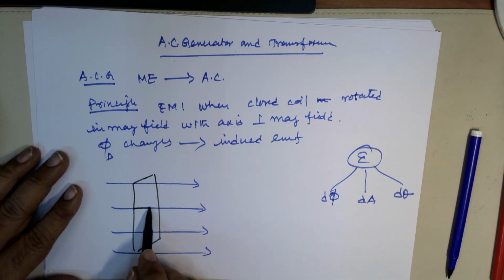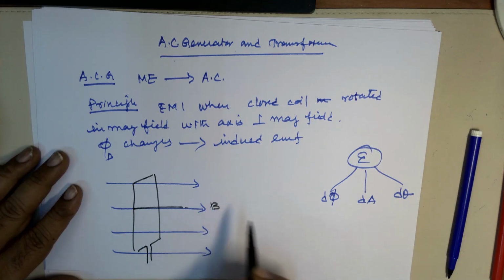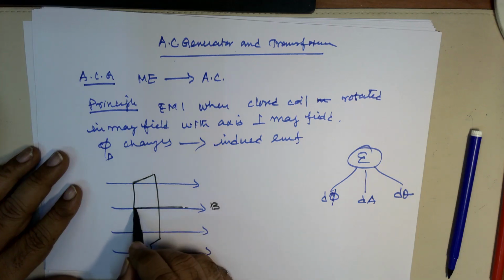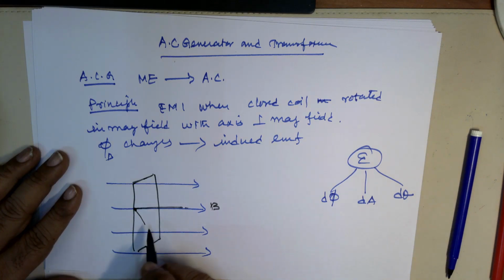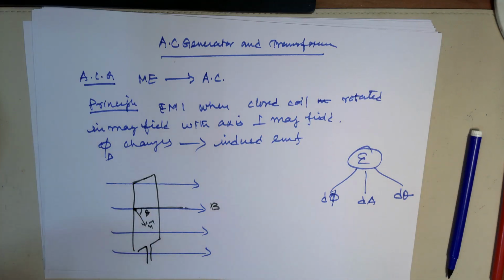So this is the magnetic field direction, and the perpendicular is this one. Are you able to follow? This is the n cap that makes an angle theta. Do you understand what I mean?